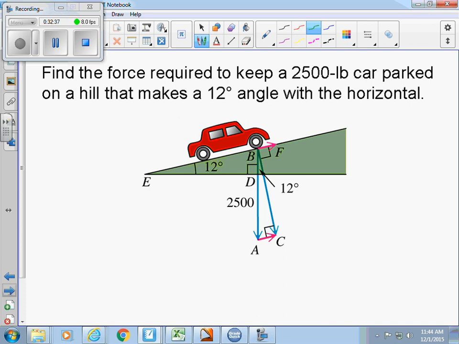So gravity, this is a vertical line. The car weighs 2,500 pounds. That force due to gravity is 2,500 pounds. I need to know this force to keep it up on the same line. So I'm putting it tip to tail to make my triangle. That's all I've done so far.